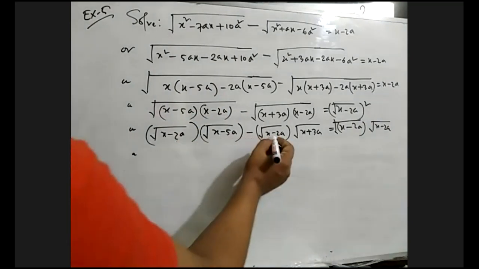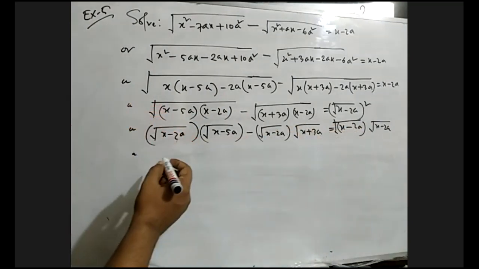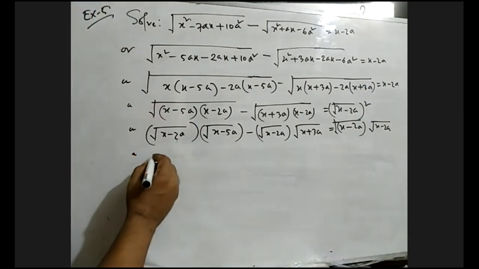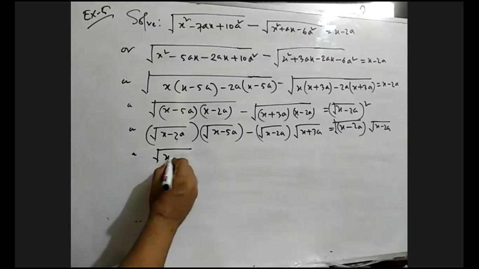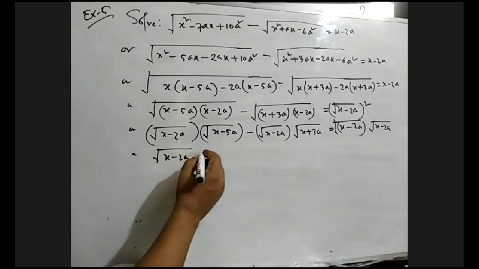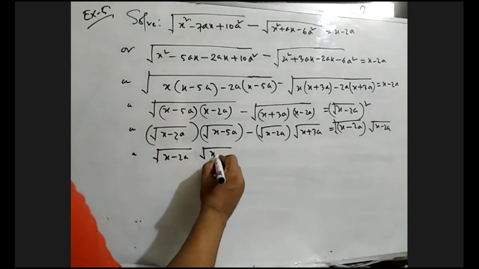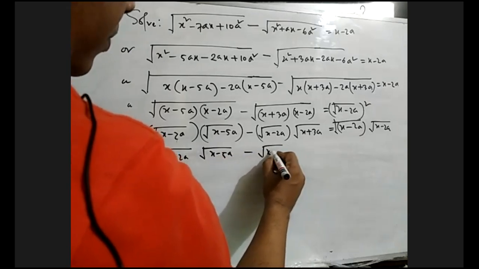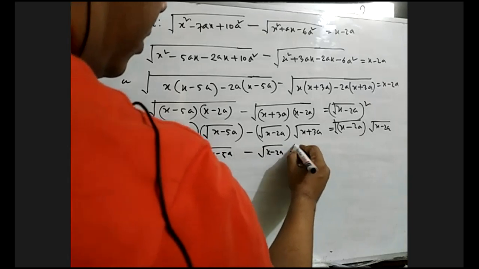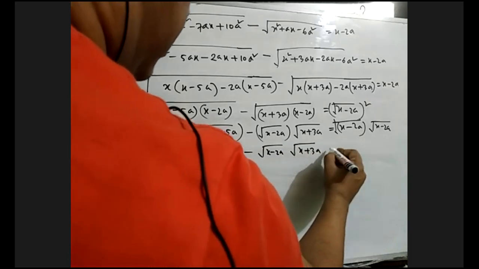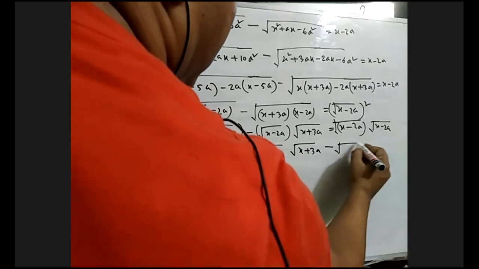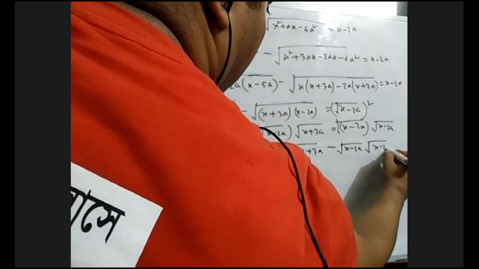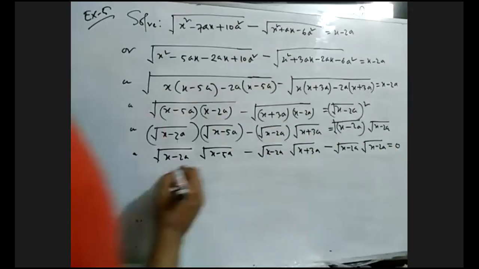Now root over x minus twice a will be common. Root over x minus twice a, root over x minus 5a, root over x plus 3a, minus root over x minus twice a, to 0.